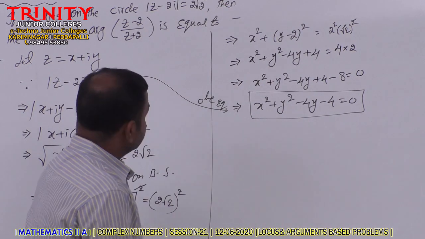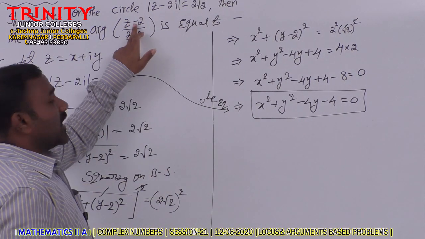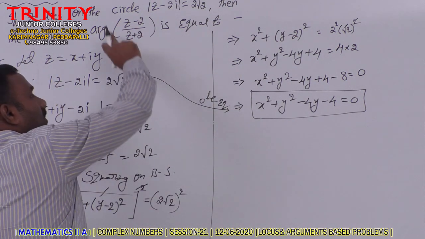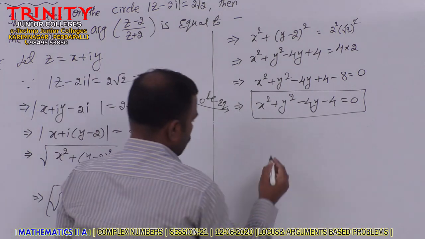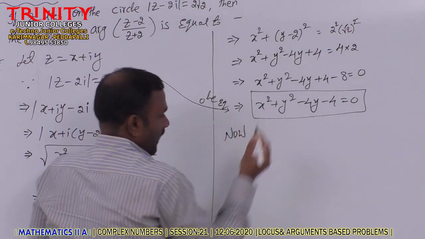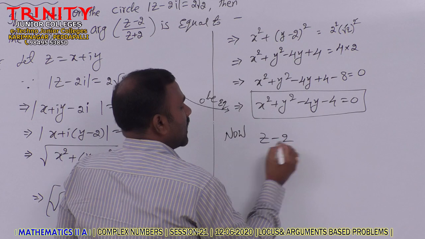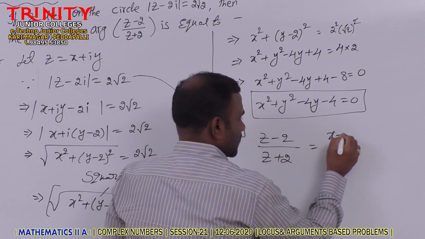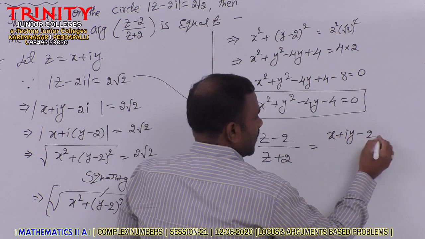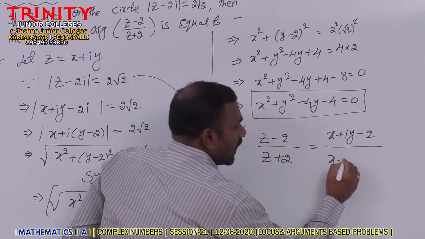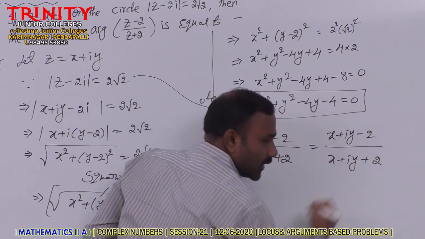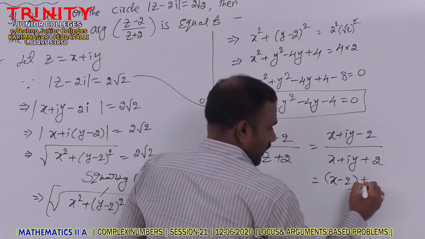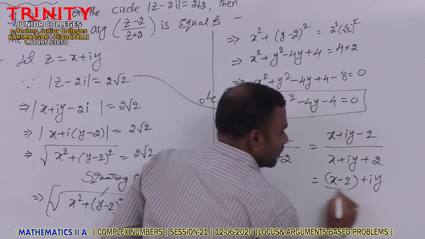Okay. Now, the argument of (z minus 2) by (z plus 2), he was asking. First we have to calculate what complex number (z minus 2) by (z plus 2) is. It is (x plus iy minus 2) by (x plus iy plus 2). The real part is x minus 2 and the imaginary part is iy.